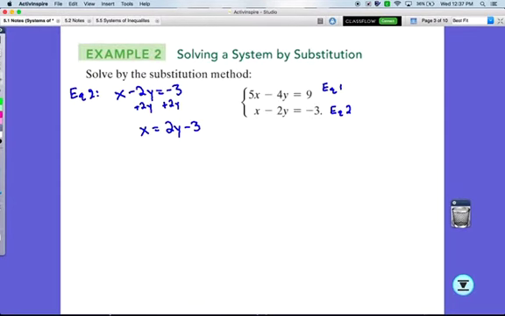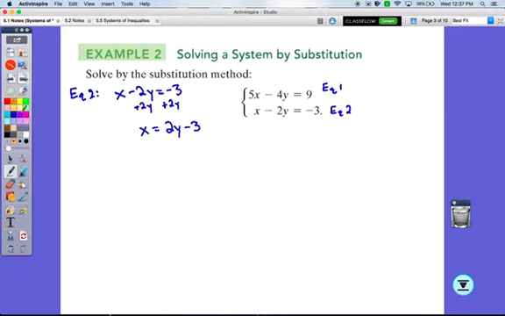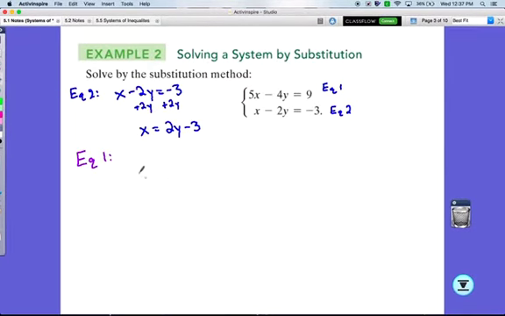Now, since I used equation 2, I'm going to flip over to equation 1. I'm going to rewrite equation 1, 5 times x minus 4y is equal to 9, but instead of the x, I'm going to substitute in what I knew was x in equation 2.